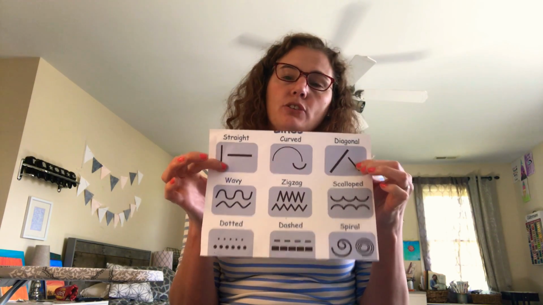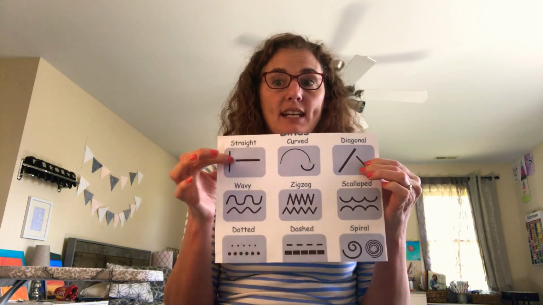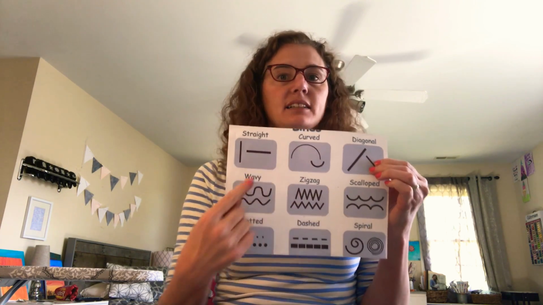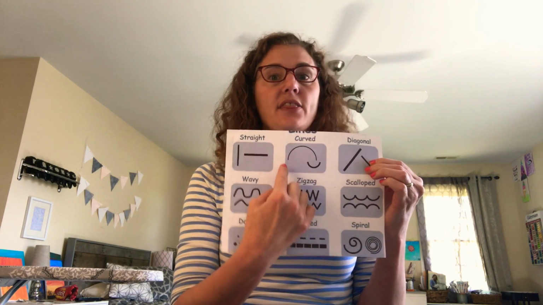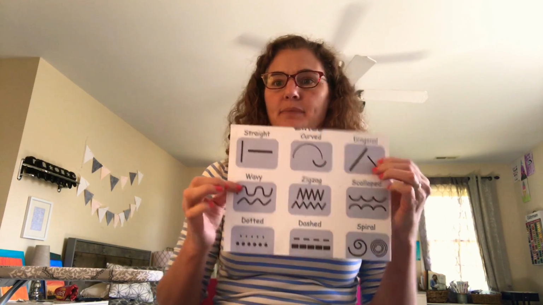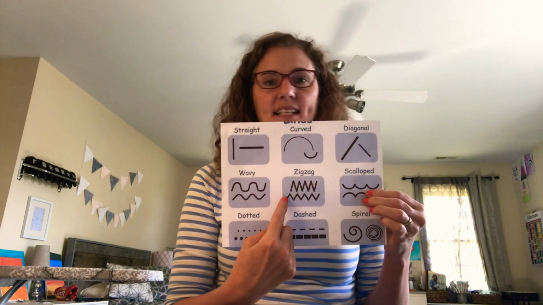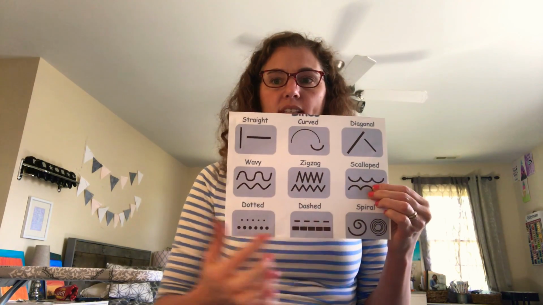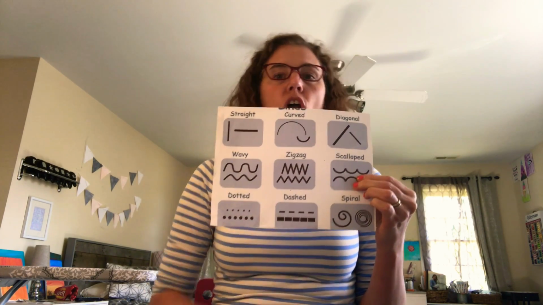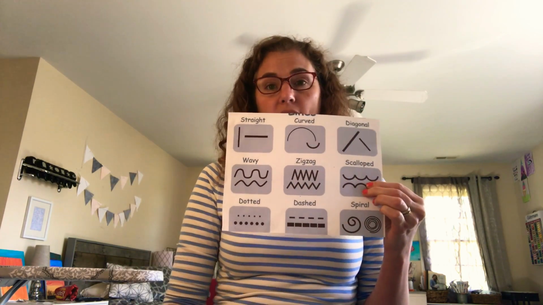Those are directional lines. These are straight. Lines can also have characteristics like curved. This line is a sad curve. This one's a happy curve. Wavy, zigzag, scalloped, dotted, dashed, and spiral. Those are all simple types of line.